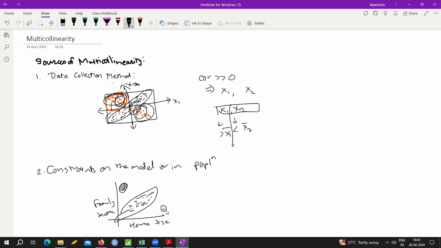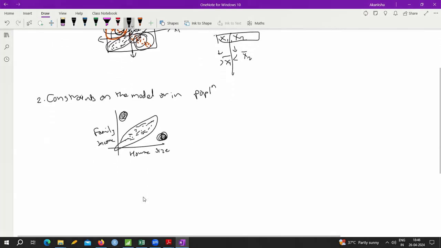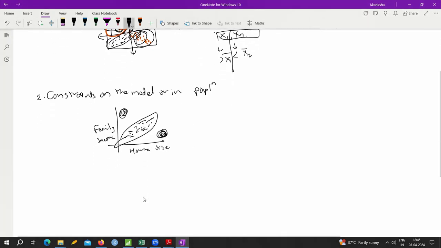So because my variables are selected in such a way, it is almost impossible to get data on any other region. So in this case, we cannot really escape multicollinearity by simply collecting more data. Here we may have to change the model, means we may have to decide to include only one of these two to reduce multicollinearity. Okay.